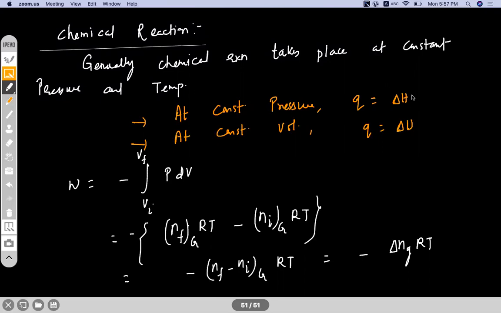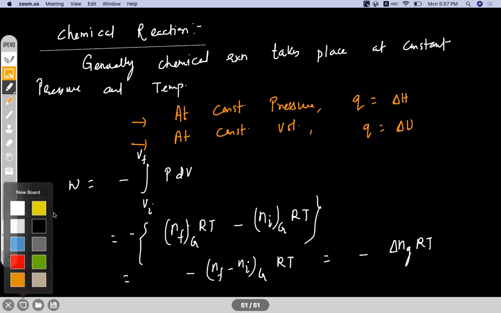Right? So it's not like I got it. I have done it already. I've just written it over here. Q is equals to delta H. Similarly, this also we have done, delta U. Okay. So PdV is equals to delta ng RT.